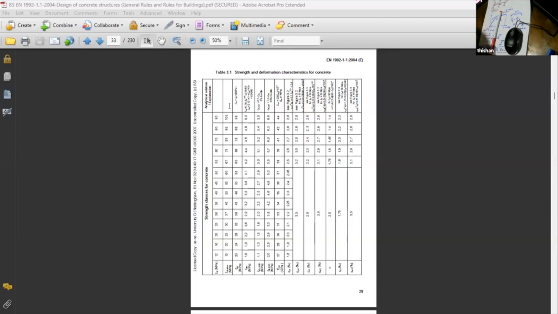So he used American codes, and in American codes also they allow, if you want to do something beyond what is given in the code, link up with a good university, do the experiments, control experiments, proper experiments, not to cheat, but do proper experiments, find the data, use that data, and go for high strength concrete. And as far as I can remember, he used 120 megapascal concrete in that particular world's second tallest building, having a height of 650 meters.